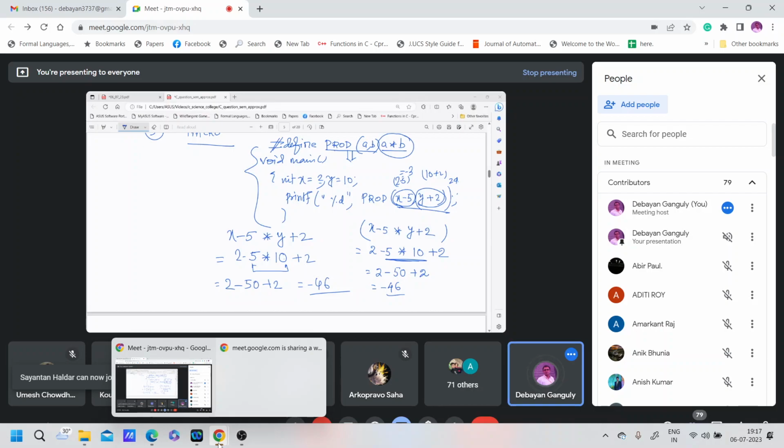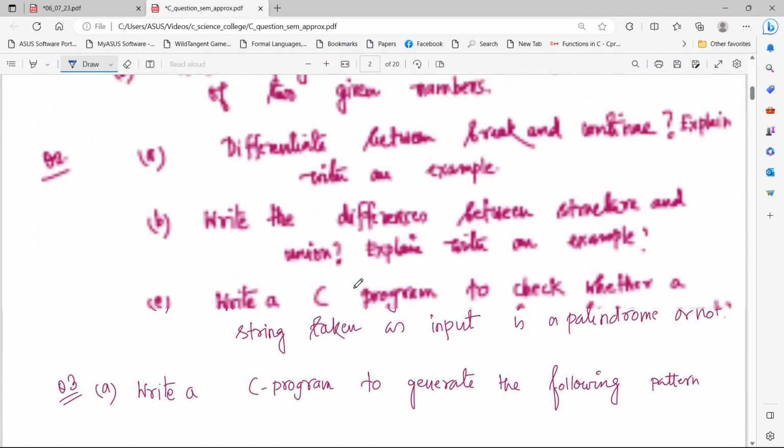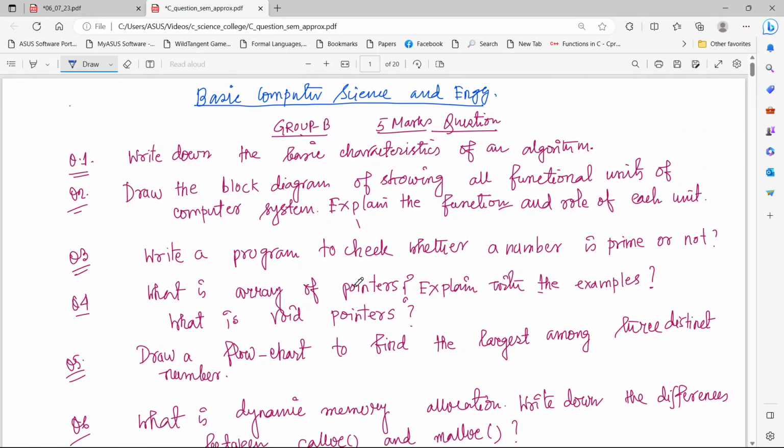And if we talk about group B, in group B, I can give you suggestions, whether you can do it or not is up to you. This is a program on array of pointers, which is important. What do you mean by array of pointer? Examples are important, right?